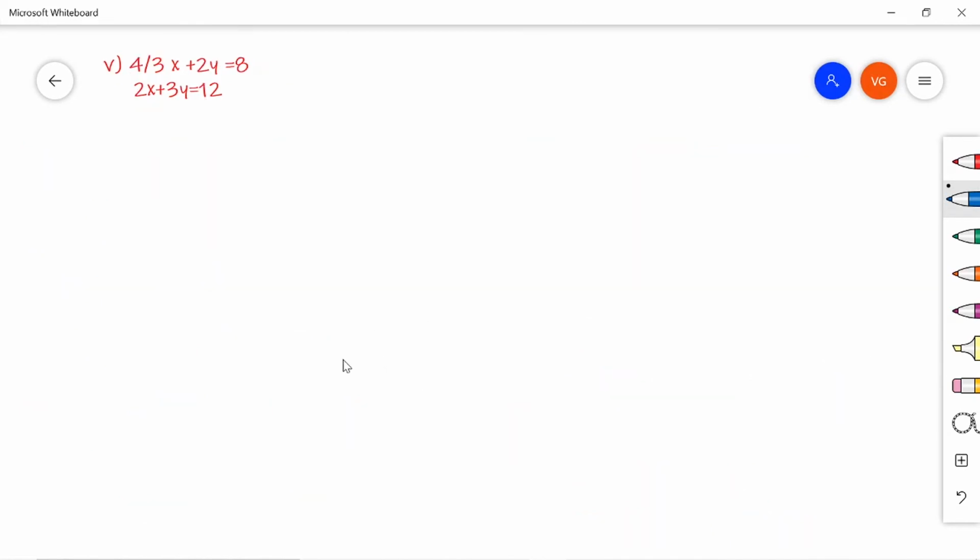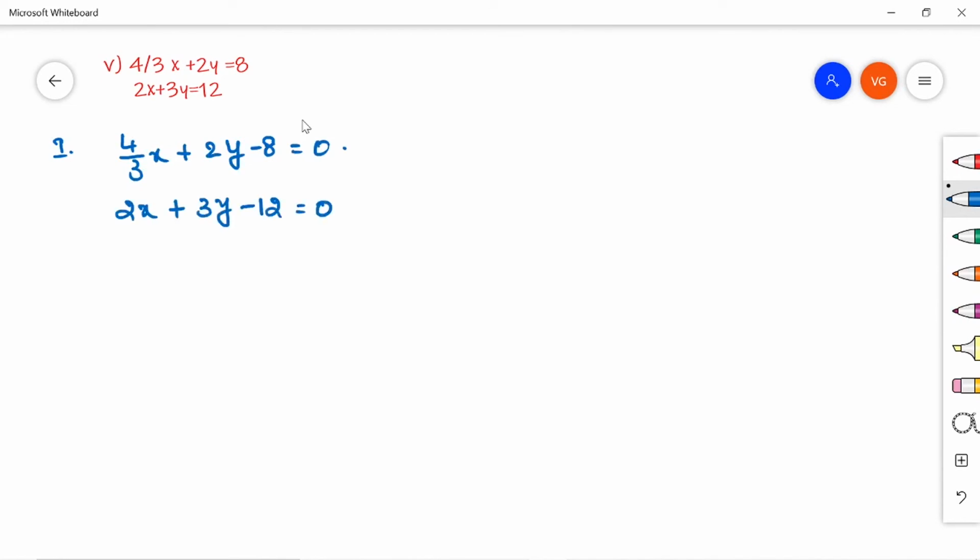Here comes the last set of equations: 4 by 3x plus 2y is equal to 8 and 2x plus 3y is equal to 12. Again, as a first step, we need to write them in the standard form. 4 by 3x plus 2y minus 8 is equal to 0. 2x plus 3y minus 12 is equal to 0.